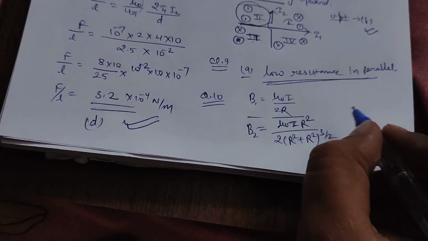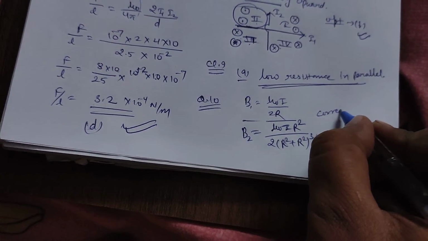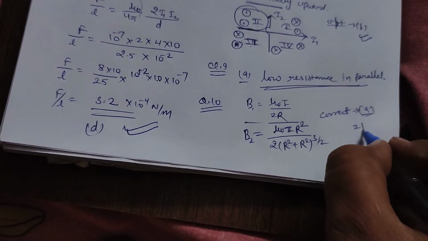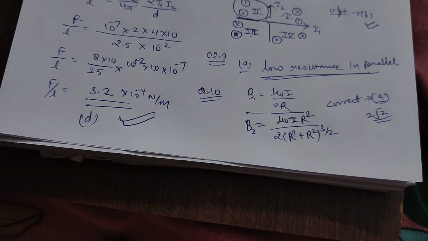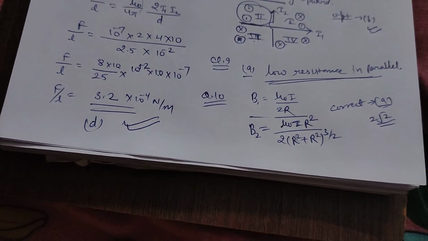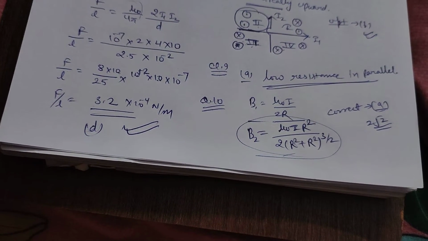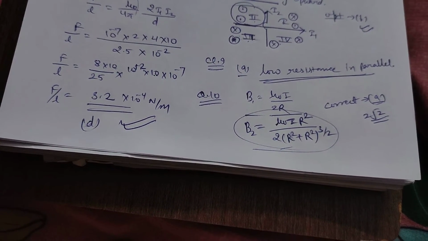After getting the ratio, the correct option is A, that is 2 root 2. By solving the ratio of this, we can get the correct answer. This formula is of the magnetic field intensity at the axis of a current carrying loop.